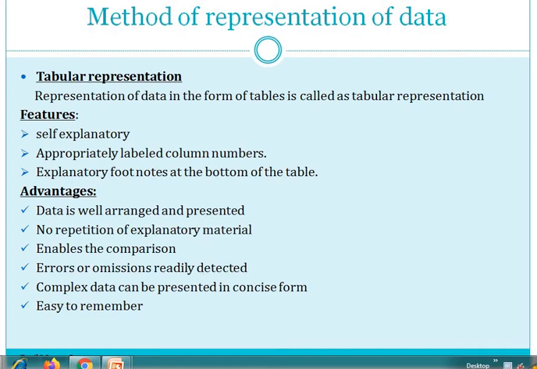Whatever enormous quantity of data you collected, if it is not properly represented, not properly classified, not properly shown, then it doesn't make any sense. So that data must be properly organized, properly classified, and properly represented.